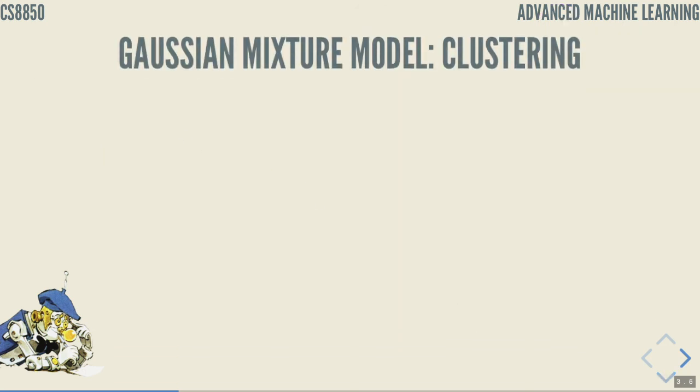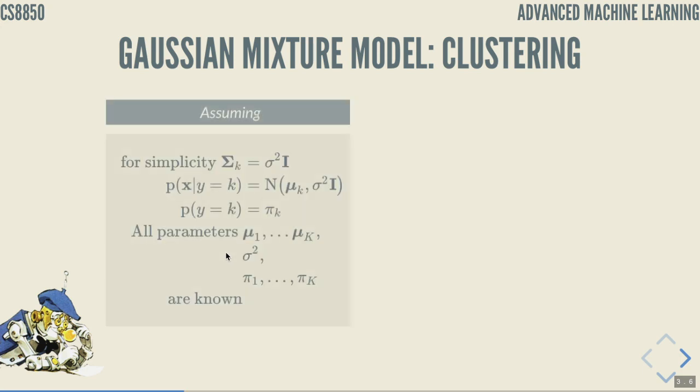A Gaussian mixture model can be thought of as clustering. So let's make some assumptions. If we assume for simplicity that our Gaussians all have the same covariance, there's no difference in covariance, and what's written here is the same variance sigma squared times the identity matrix, that means all of those covariances are spherical.